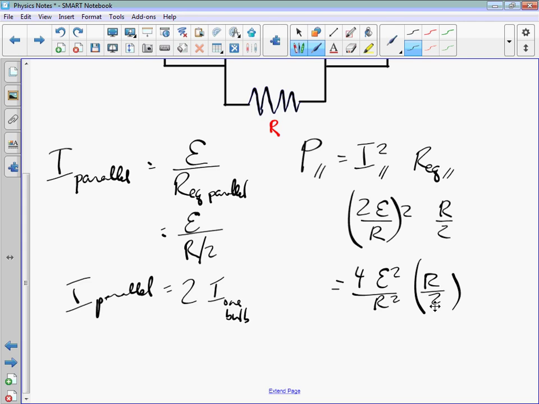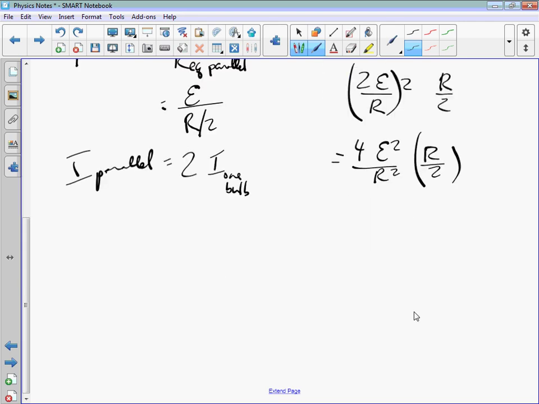We're going to have some canceling happening like crazy. One of the R's can go away. 4 over 2, that sounds like 2 to me. 2 times E squared over R.